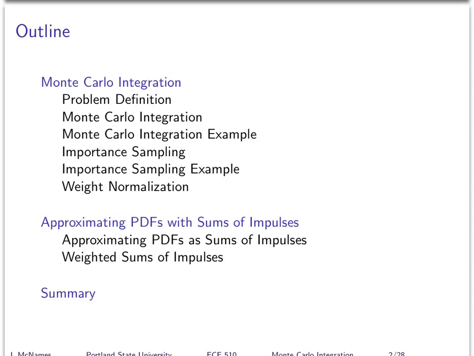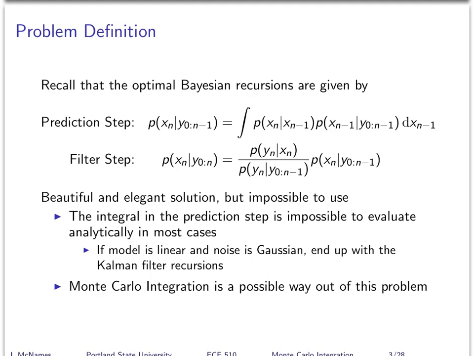This is the overview. And once again, I know I just said this, but let me just drive it home. If you're doing something like these optimal recursions, and particle filters are attempting to implement these recursions almost directly, but with a very clever, tricky way of representing the posterior distribution.